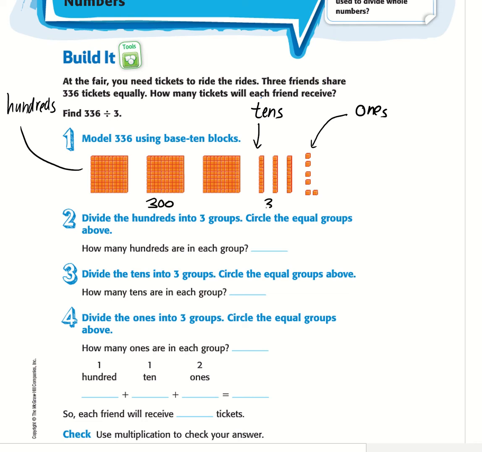Then we have 3 tens, so that's 30. And then we have 6 ones. So when you add all this together, you get 336. So this is how we take our dividend and model it using base 10 blocks. So 3 hundreds, 3 tens, 6 ones.